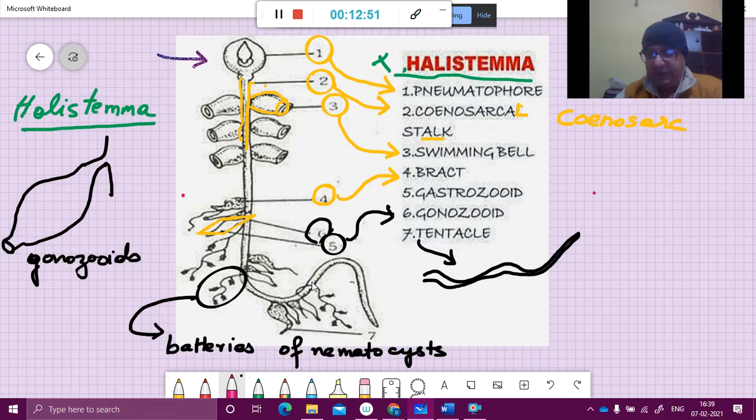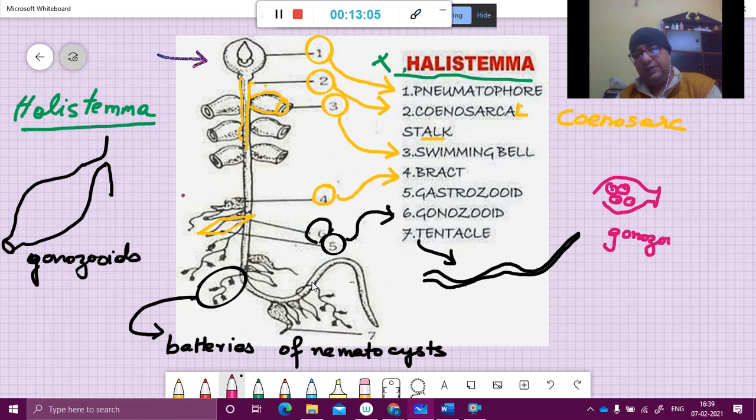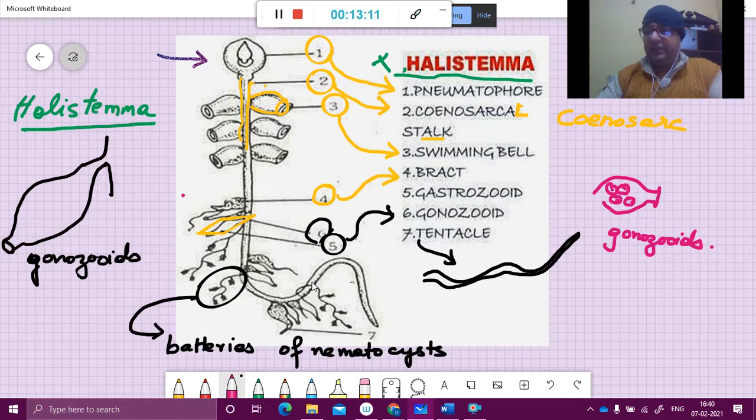Little sac-like structures like this. Inside them the gonads are present. So basically we have looked at the structure in one siphonophore, with different structures, polymorphic.